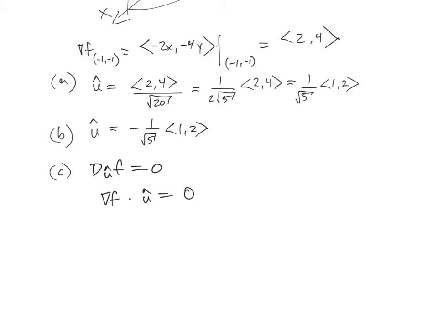Okay, and this is at the point -1, -1, when x is equal to -1 and y is equal to -1. Okay, what is my gradient vector at that point? It's 2, 4. Okay? So 2, 4 dot u hat has to be equal to 0. And I'm looking for the u hats for this to be true.